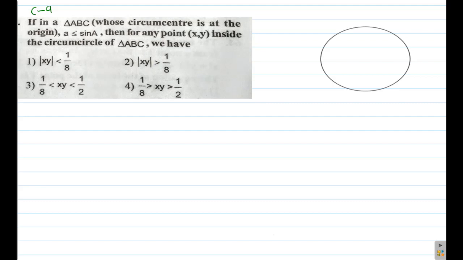First of all, I want to draw the diagram. This is a circle, and this is the triangle named ABC. Clearly it is given that S, the circumcenter, is the origin. Automatically SA, SB and SC become the radius of the same circle.